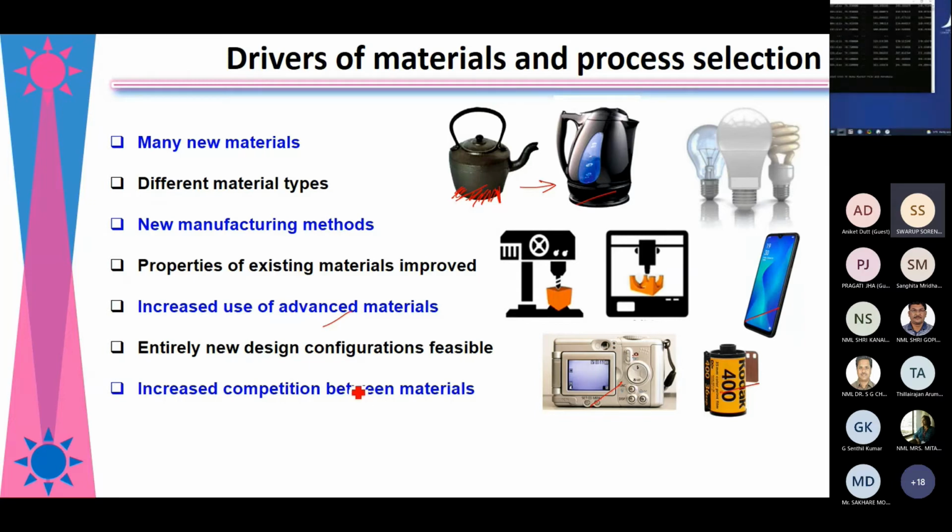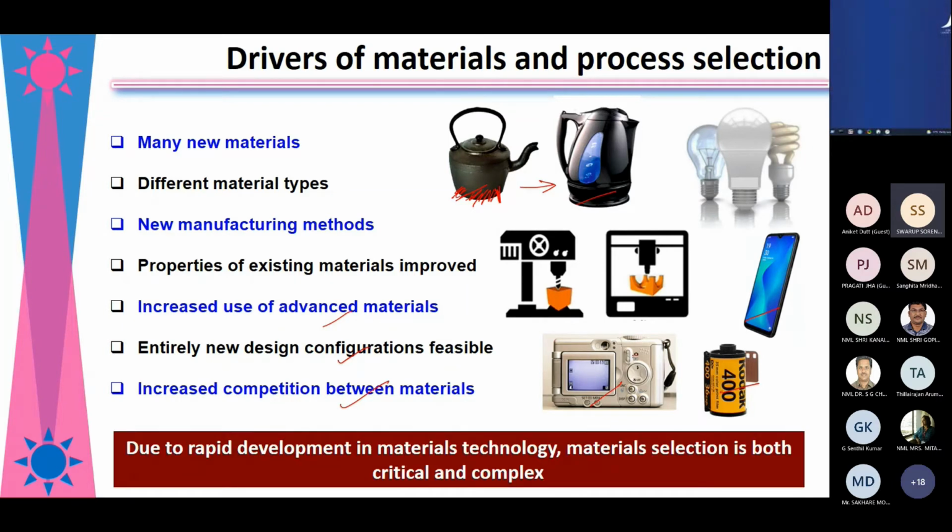There are new design configurations feasible. Means you have a product, and you see that aesthetically we have to make a new configurational design of this. Then you may require a new material for that, so definitely you will search for that. So overall, we can say due to rapid development in materials technology, material selection is both critical and complex.